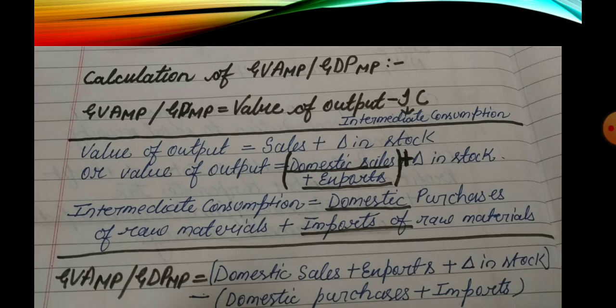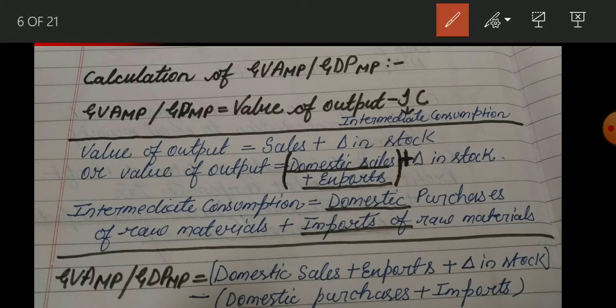Now first of all, we have to understand how we are going to calculate GVAMP with the help of the production method or value added method. In this case the basic equation is value of output minus intermediate consumption.